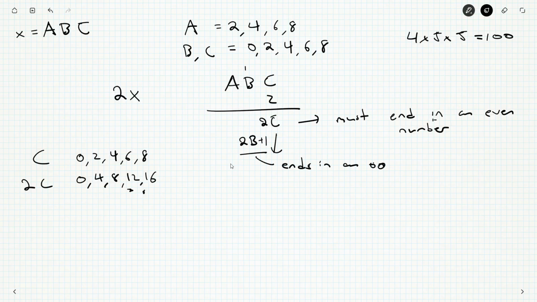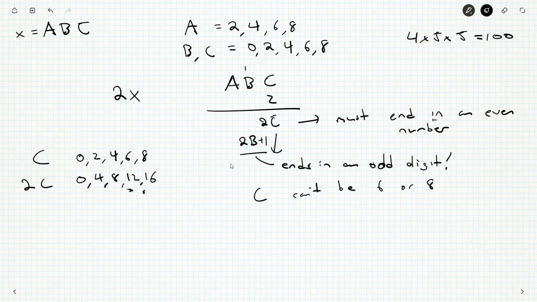This ends in an odd digit. So right away I can tell you that the 1s here are going to cause a problem. So C can't be 6 or 8. It's got to be 0, 2, or 4.